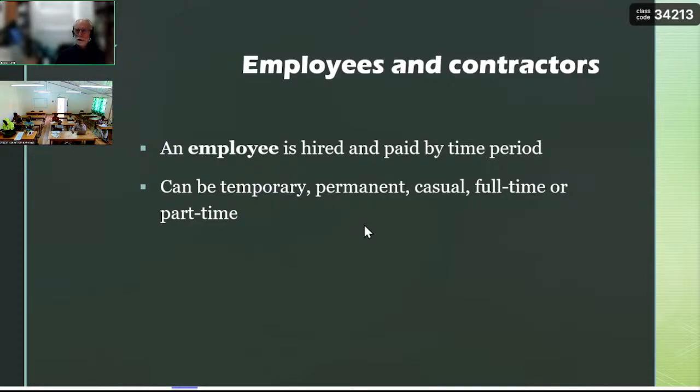Casual employees means you just take them without a contract, I would say. Casual means you just take them and then you can hire and fire more or less as you wish. Casual employees are usually manual workers or less trained, less skilled, where you can just hire and fire them.